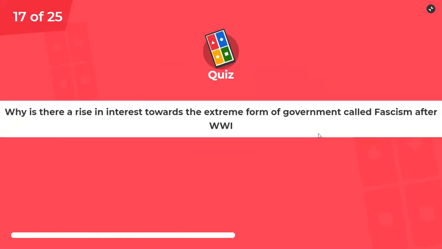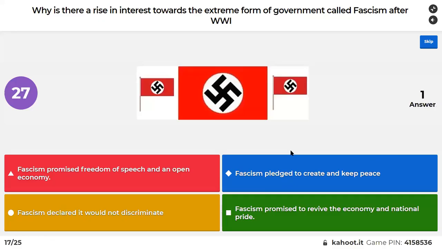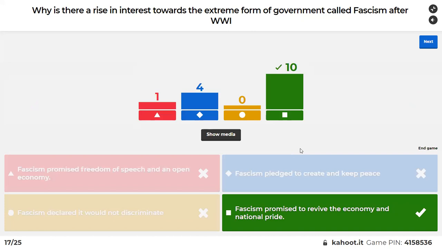Why is there a rise in interest towards the extreme form of government called fascism after the Great War, after World War I? Right? Fascism promised to revive the economy and national pride.